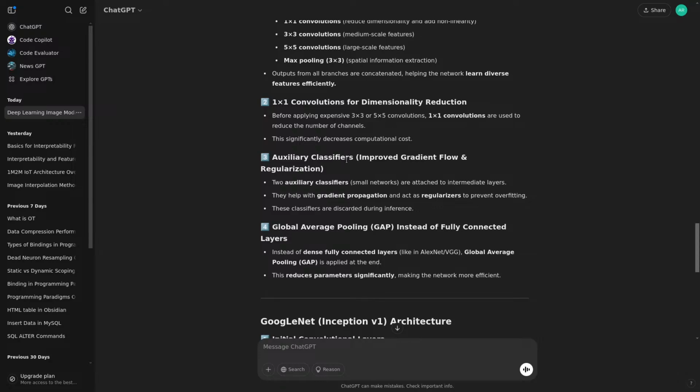Auxiliary classifiers improve gradient flow and regularization. Two auxiliary classifiers are attached to intermediate layers; they help with gradient propagation and act as regularizers to prevent overfitting.